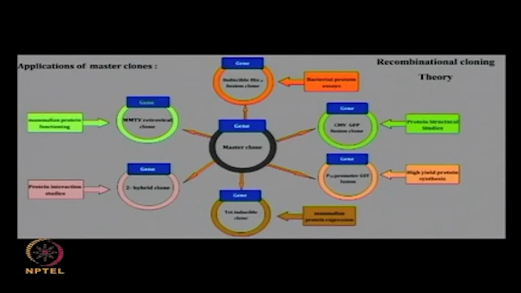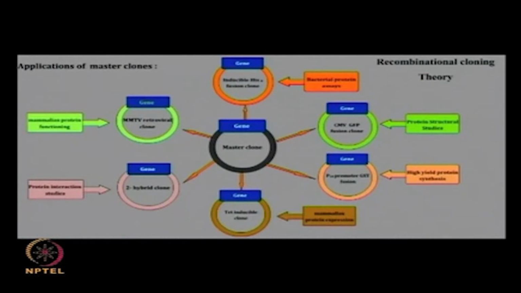So, once these recombinational clones are produced, these master clones can be used for various applications. The gene in the master clone can be transferred to various destination vectors by means of LR reaction to produce expression clones for several applications.